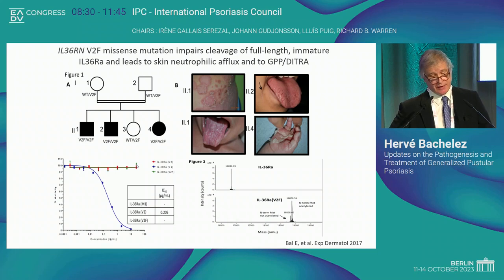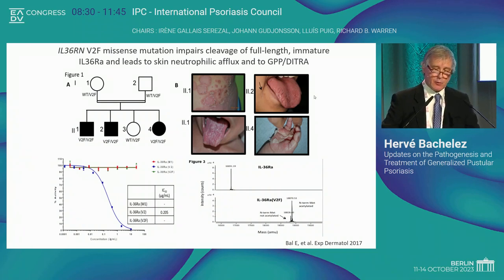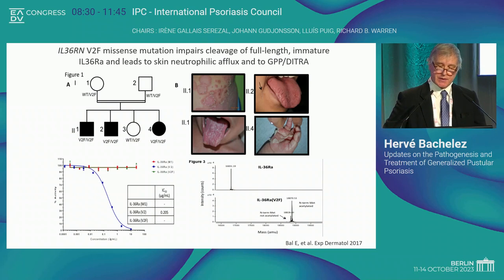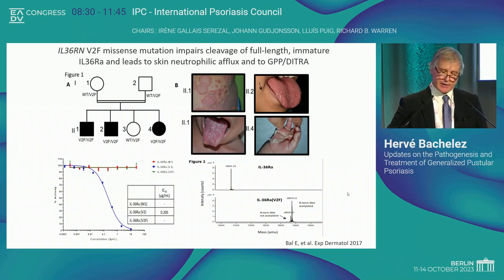So in the absence of this cleavage, you don't have a bioactive IL-36 receptor antagonist. And you can see that one of the siblings has only a geographic tongue, the other ones have true GPP, and they show very different severity.